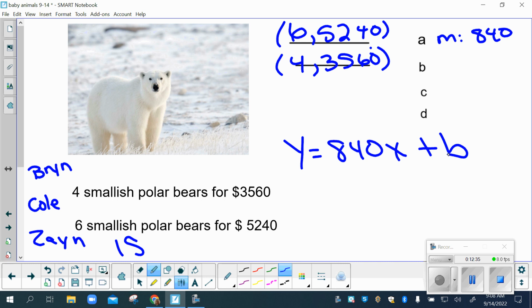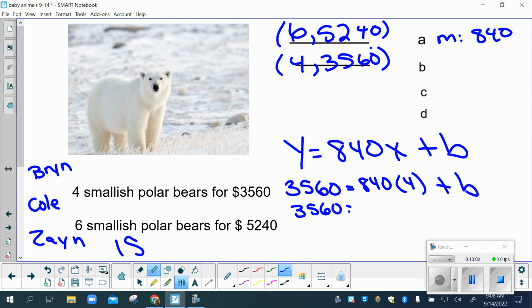For Friday's quiz, I'm going to use Bryn because her numbers are nicer. So I'm going to say 3560 equals 840 times 4 plus b. I've got my calculator, so those numbers don't scare me. 3560 equals 3360 plus b.